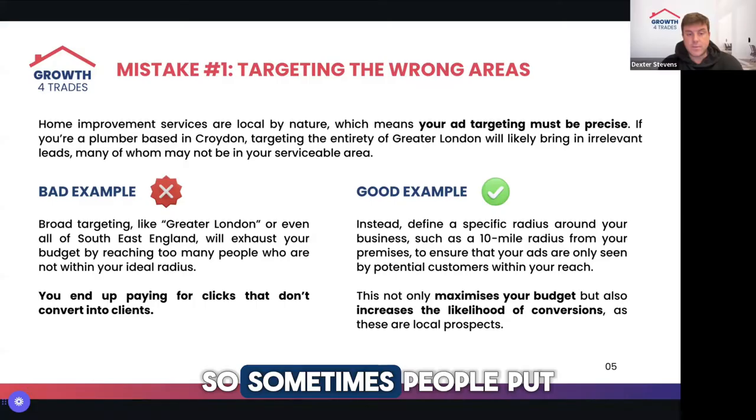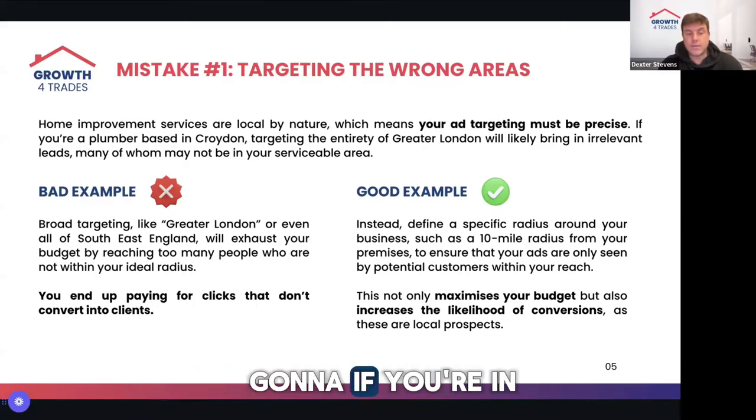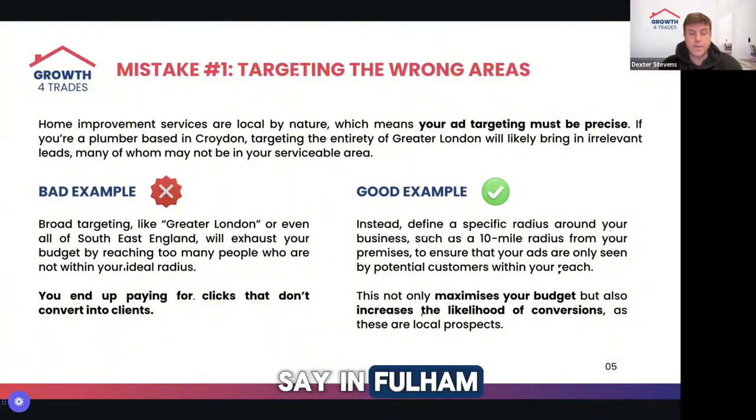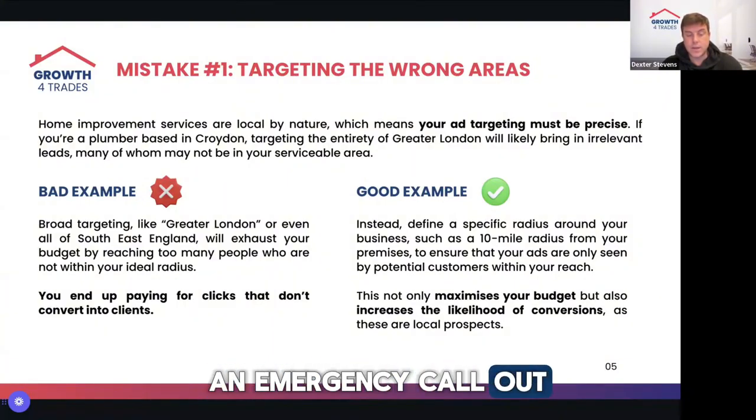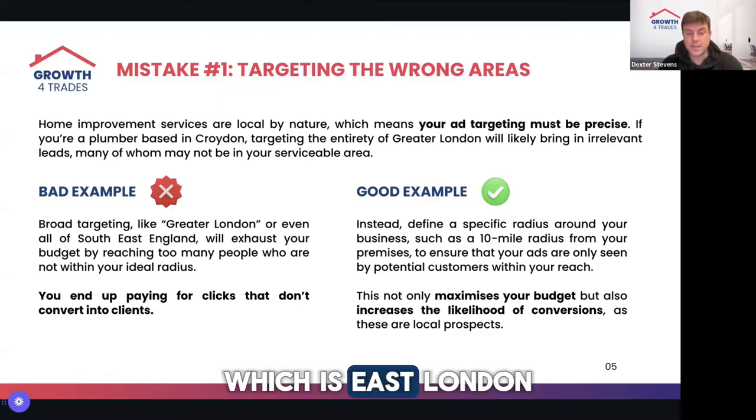Sometimes people put London in or even Greater London, but if you're in West London, say in Fulham, then you don't really want to be getting an emergency call out over in Hackney, which is East London, because it can sometimes take an hour or so just to get to that location.